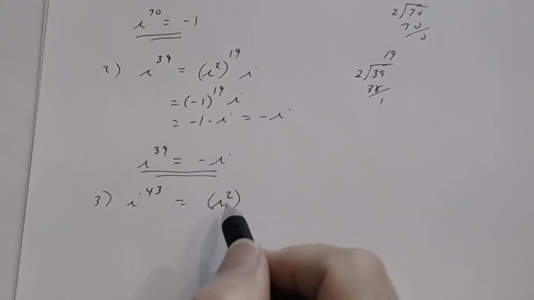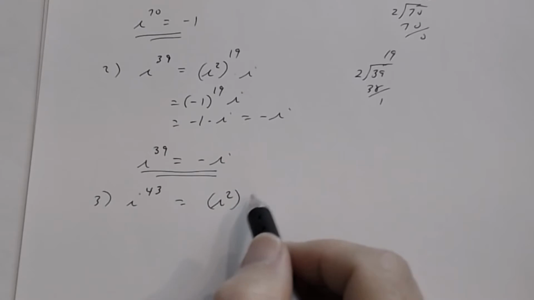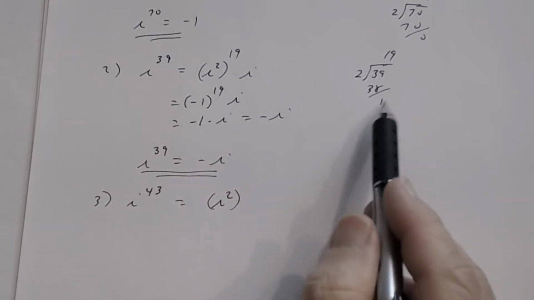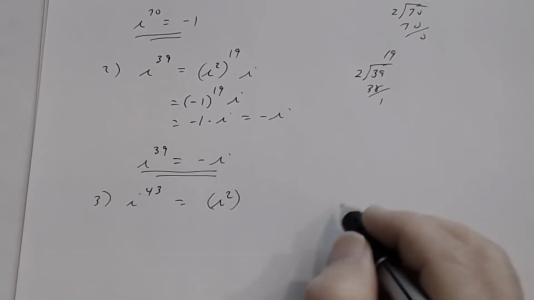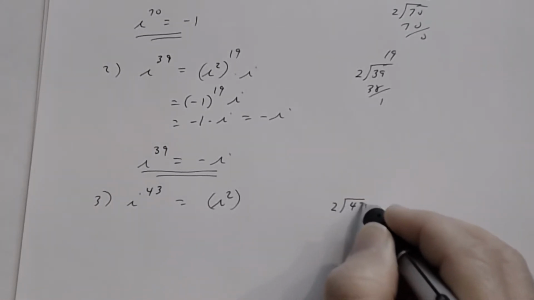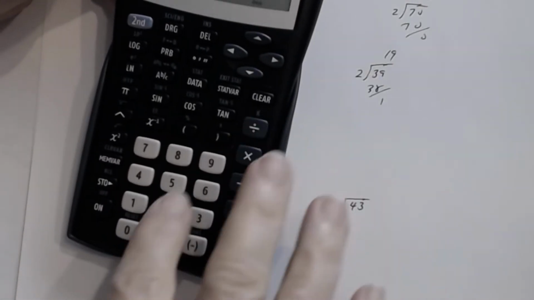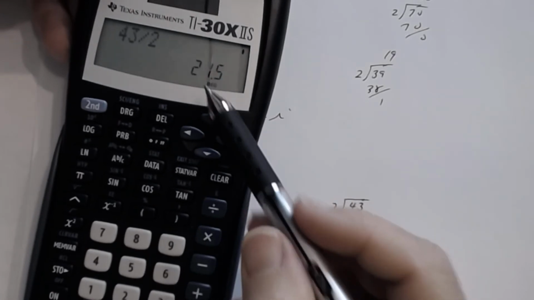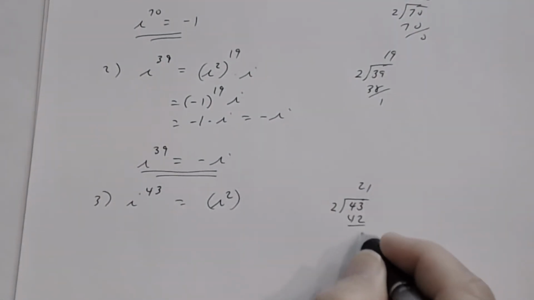If it's even, then that's easy to deal with, but since it's odd, you know you're going to have a remainder when you do that division. So 43 divided by 2 gives you 21, and 21 times 2 is 42 with remainder 1.